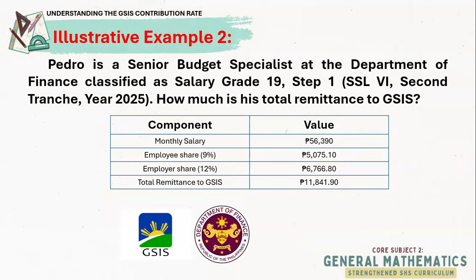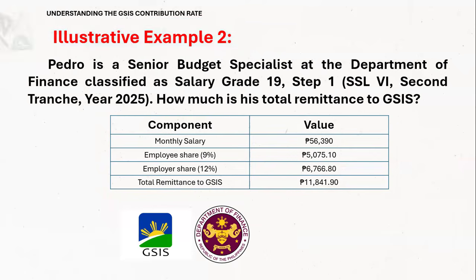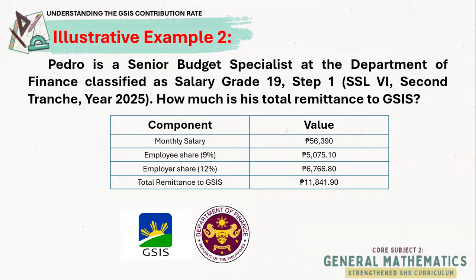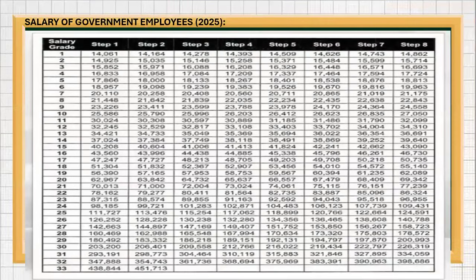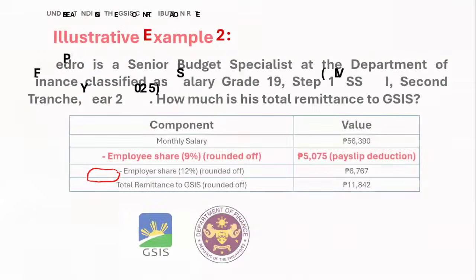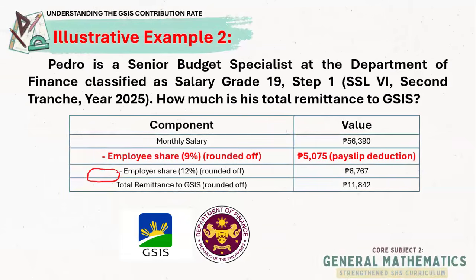Now, let's move to the second example. Pedro here is a senior budget specialist at the Department of Finance, and his salary is classified under salary grade 19, step number 1. As you could see, our salary grade 19 here is 56,390. So, let's go back with the calculation.